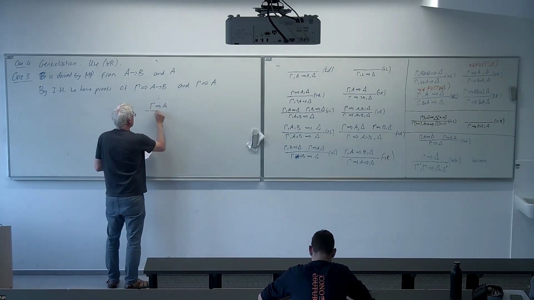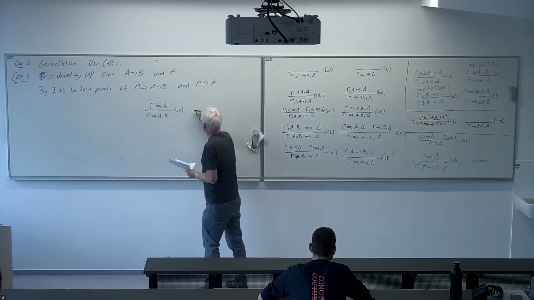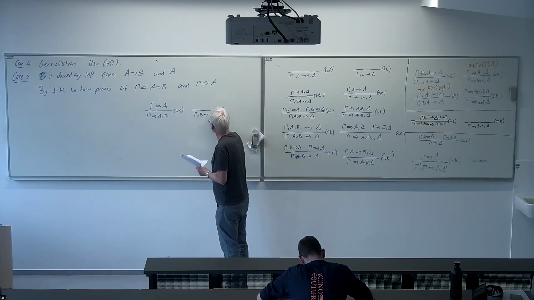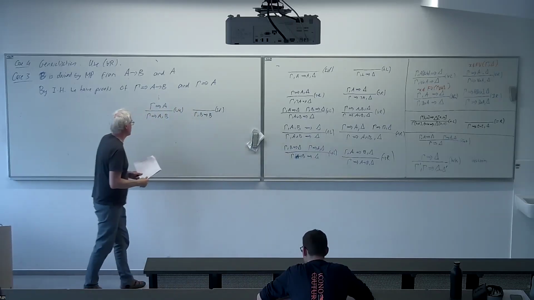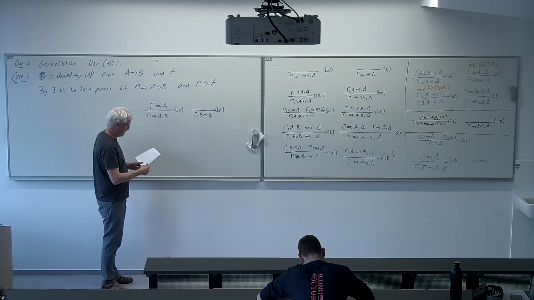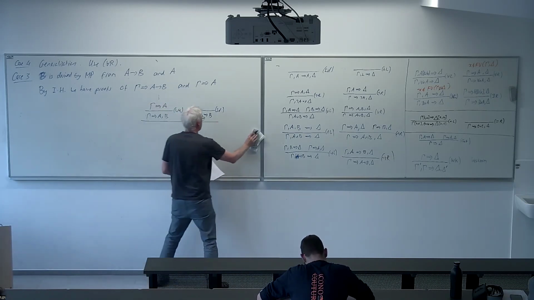We weaken it on the right with B. And then we can use the identity rule to get B in this form. And now we can apply the implies left rule.